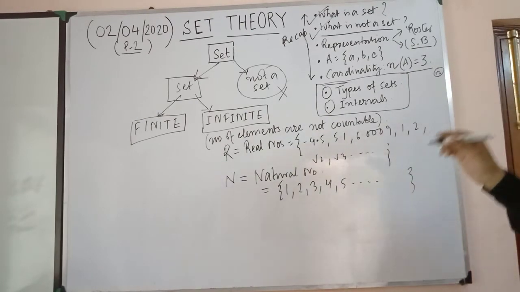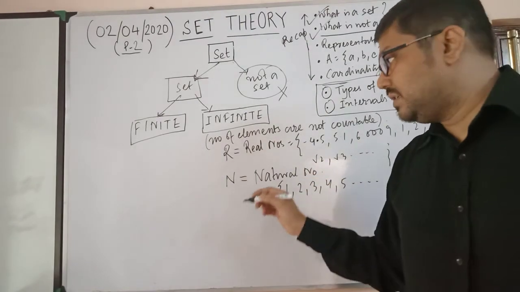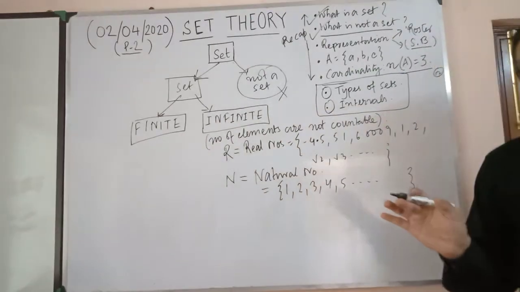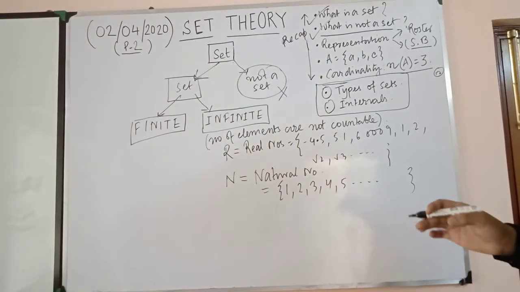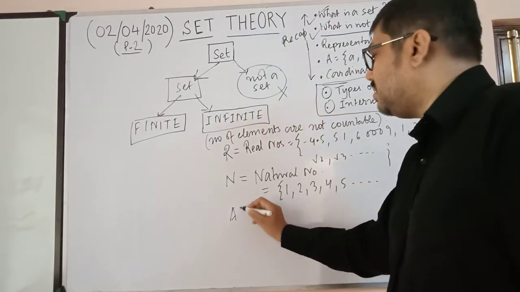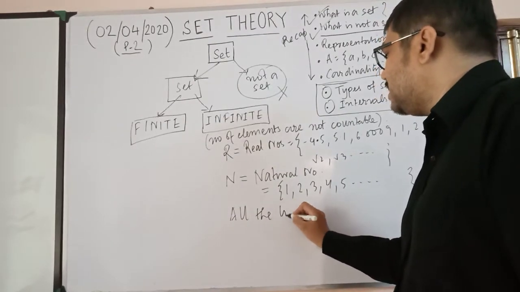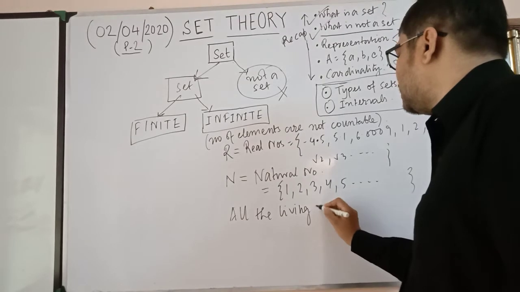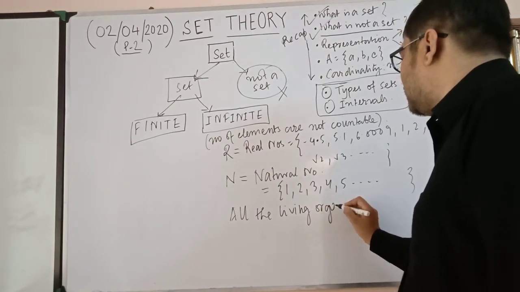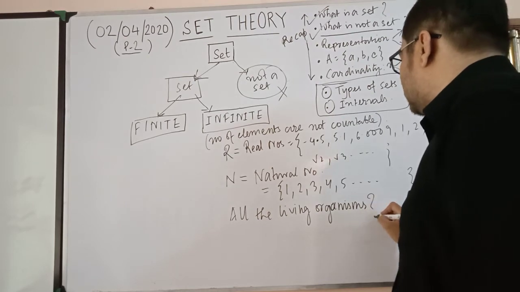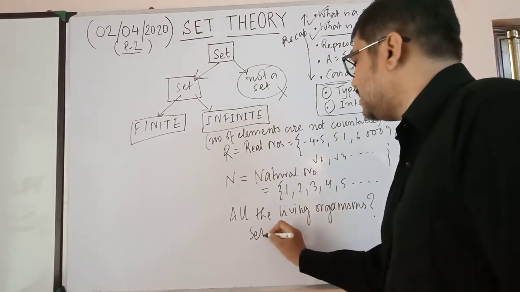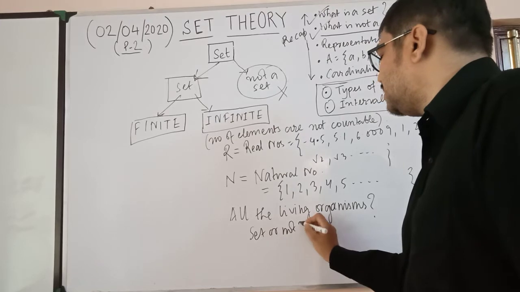Now a very interesting question: if I ask you, all the animals living in the world, is it a set? Yes or no? All the animals or all the living organisms, is it a set or not?